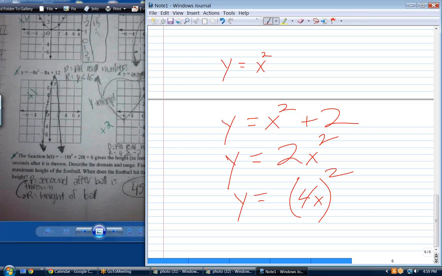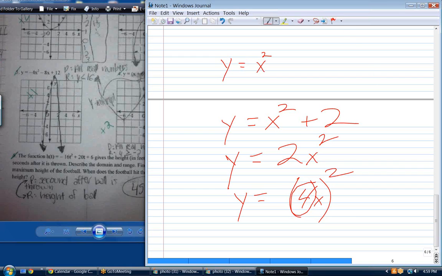What's the 4th thing? Horizontal stretch or shrink. In this case, because this number is greater than 1, it's a horizontal shrink by a factor of 4.